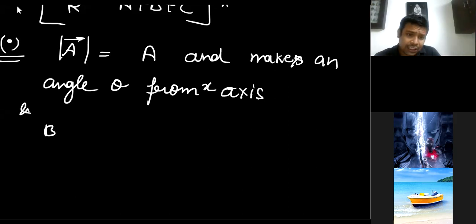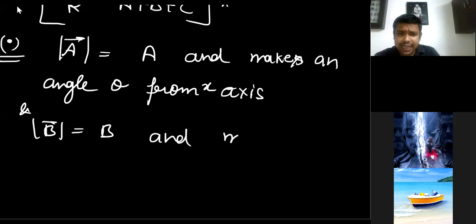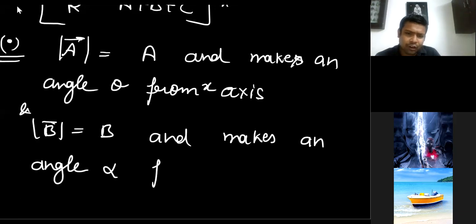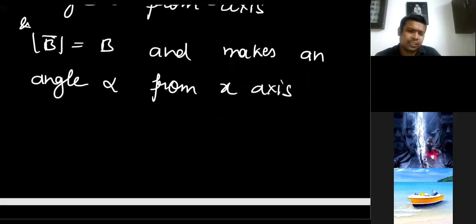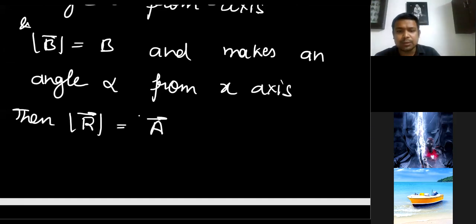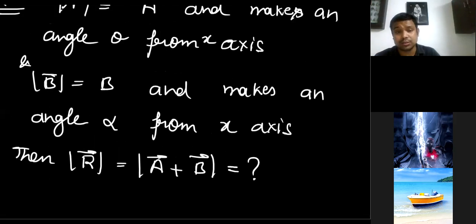And the magnitude of vector B is B, and it makes an angle alpha from the x-axis. Then find the magnitude of vector R, which is equal to vector A plus vector B. Let us see how to solve this question.